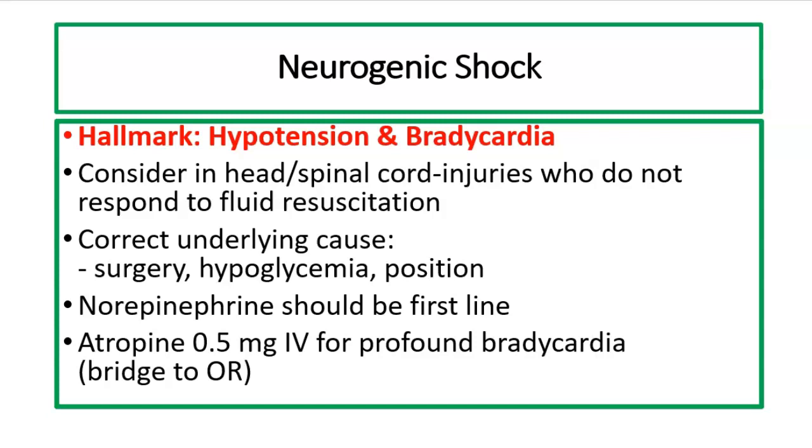So for us, if they have any sort of an injury, remember we need to be worried about C-spine and always have an index of suspicion about that. We do give norepinephrine. This is first line for them. And also atropine for profound bradycardia. So as we're bridging to the OR, we did talk about that under section 5 for atropine and neurogenic shock.